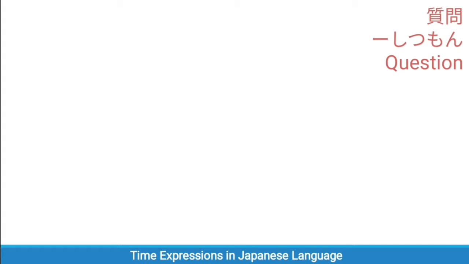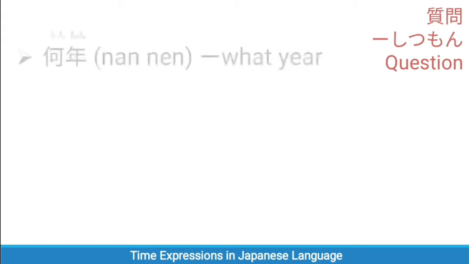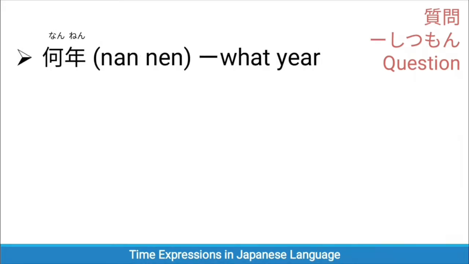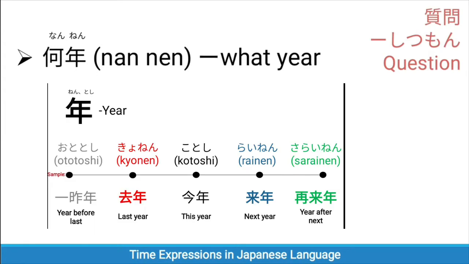We have here nannen. Sa previous kong video, nandun yung time expressions about the year. We have kotoshi, kyonen, ototoshi, rainen, and sarainen.